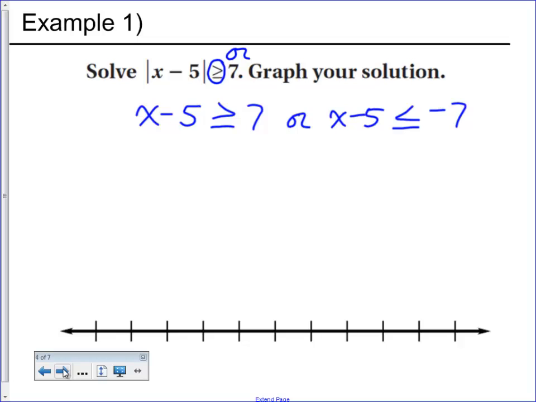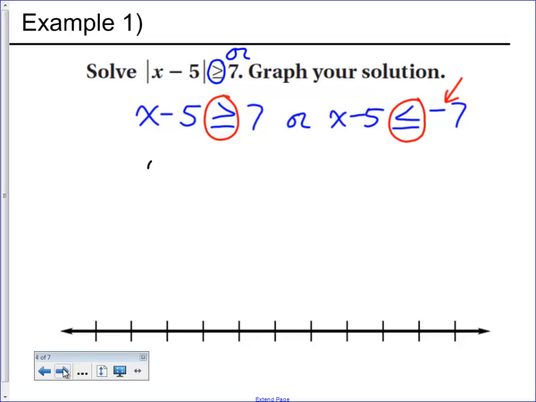And you'll notice that right here, I flipped the sign around compared to this one, and that's because we made this number a negative 7. That's the same thing as multiplying by a negative on both sides. So the inequality symbol should change directions.